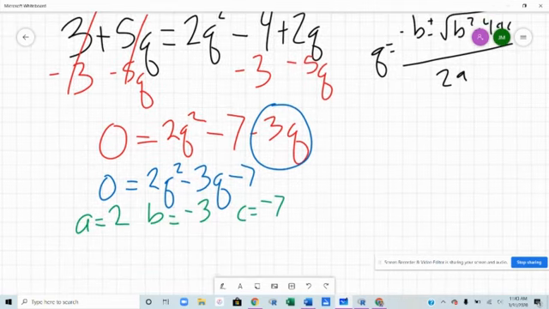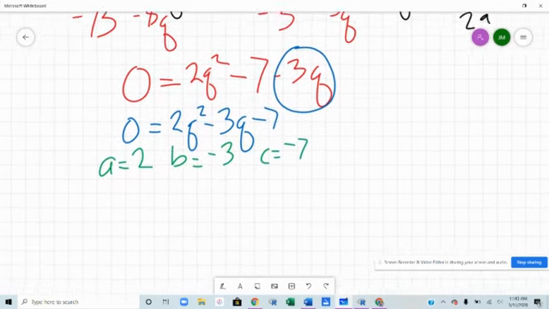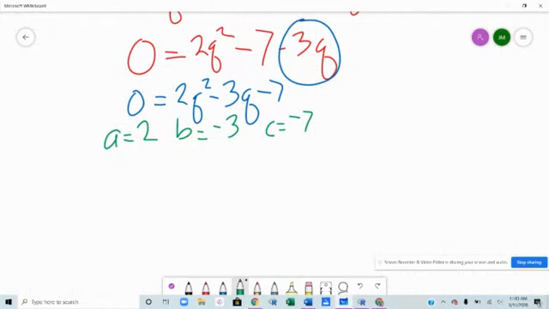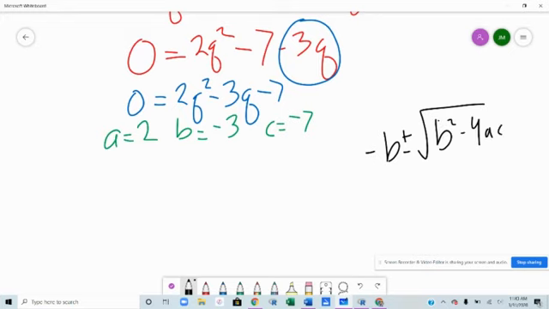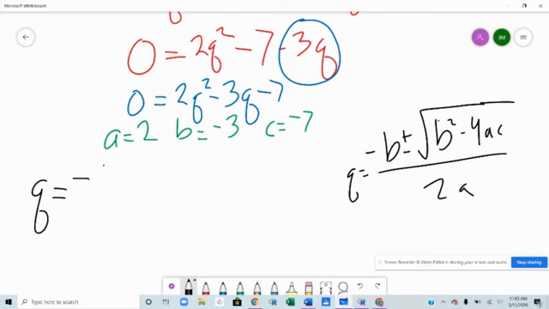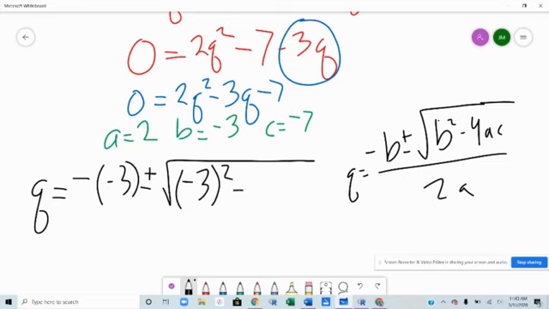Now we need to fill into our quadratic formula. I'll get it rewritten again. So we have q equals negative, and then our b value is negative 3, plus or minus the square root of our b value, which needs to go in parentheses squared, minus 4 times a is 2, times c is negative 7.